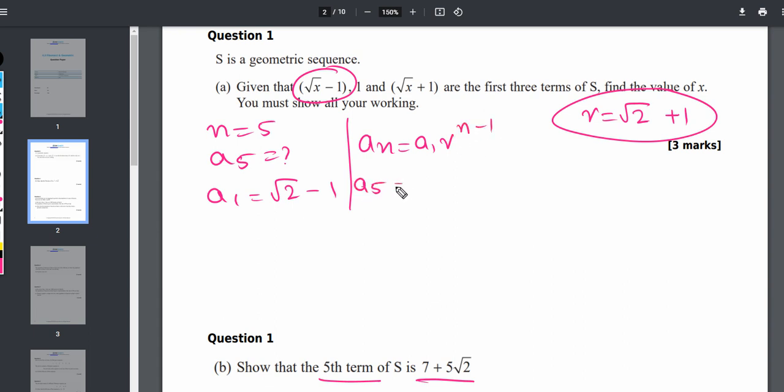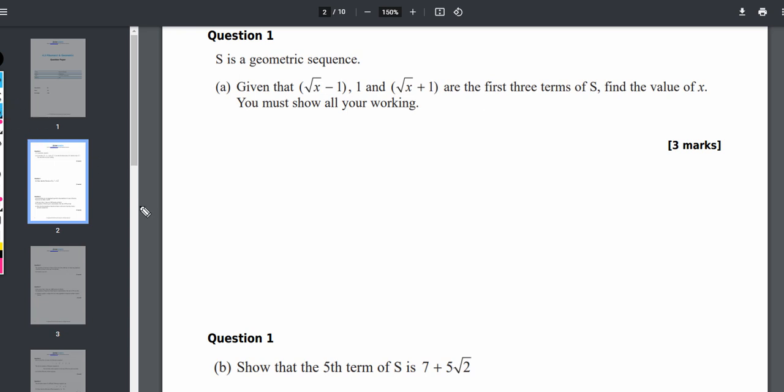So a of 5 equals under root 2 minus 1, times r, that is under root 2 plus 1, to the power of n minus 1, which is 5 minus 1, that is 4. I'll just have to expand it to work out this answer.